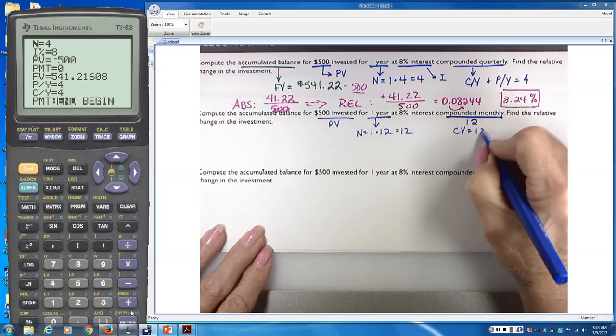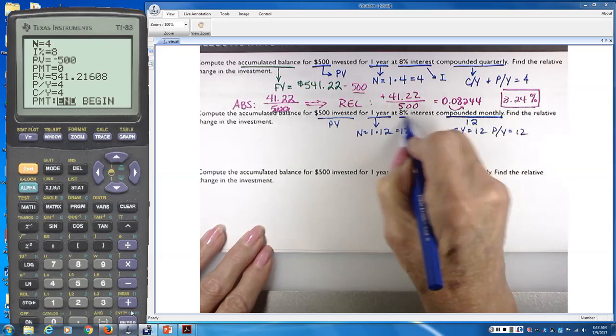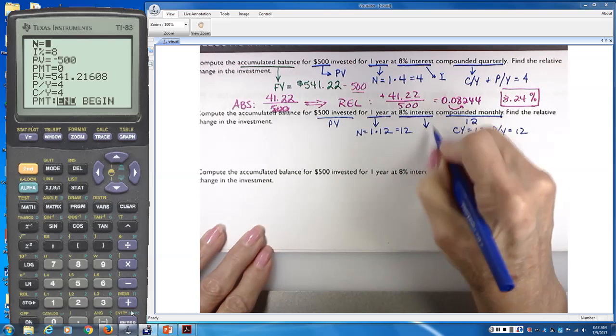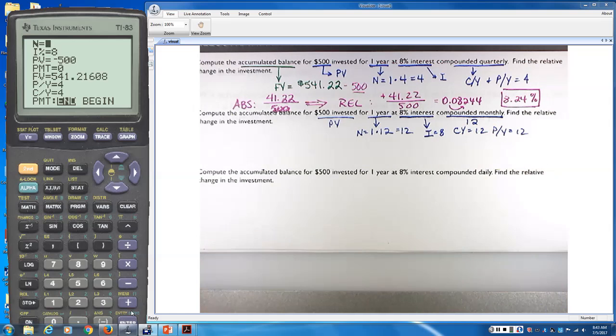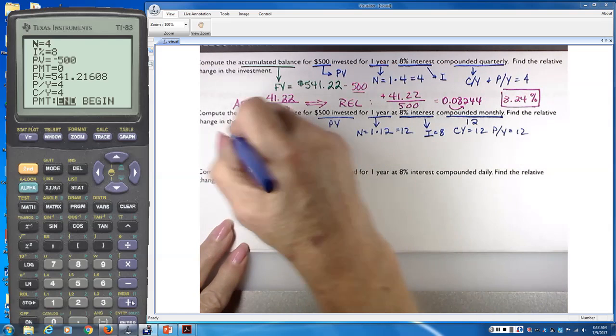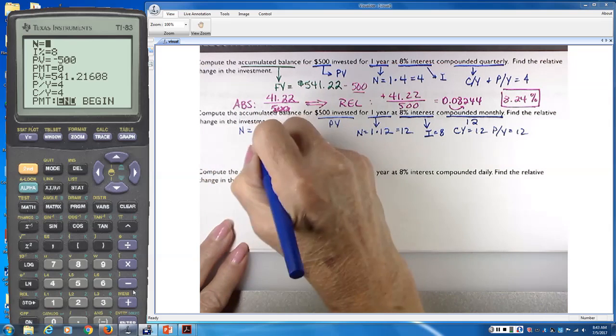C/Y is 12. P/Y is 12. And your interest rate is still 8%. So N equals 12.